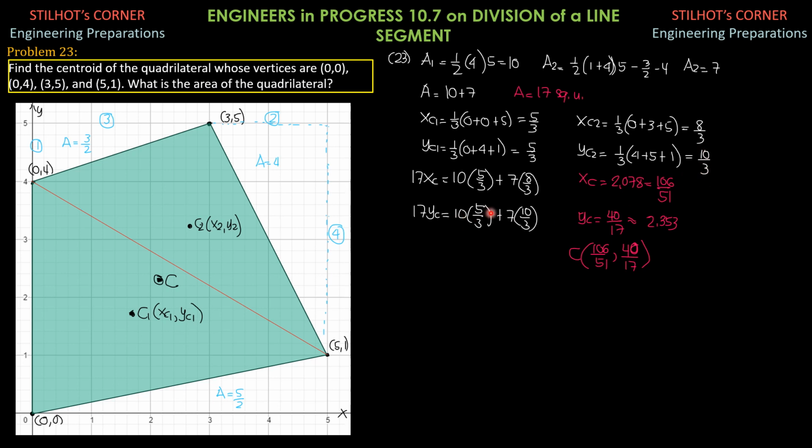So 10 times 5, 50, plus 7 times 10, 70, plus 50, 120. 120 over 3 is 40. 40 divided by 17, so that's y sub c, 40 over 17, or approximately 2.353 in decimals. Therefore, the centroid of this quadrilateral is at x sub c 106 over 51, y sub c 40 over 17.